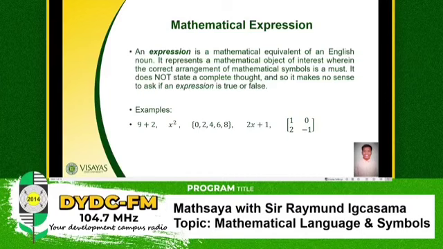Your clue here is that when you say an expression, it cannot be answered by yes or no, and at the same time, it cannot be answered by true or false. So these are some of the examples.